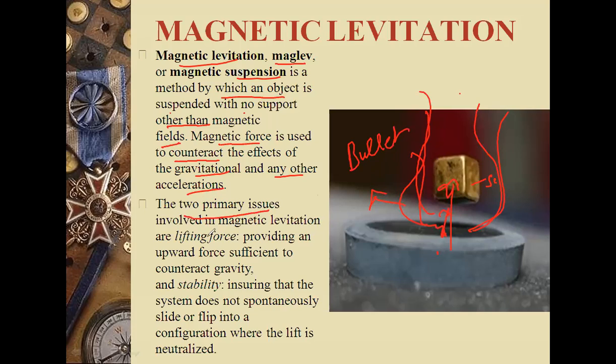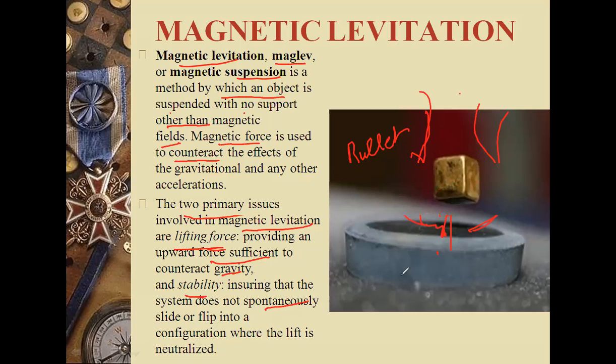The two primary issues involved in magnetic levitation are the lifting force, providing an upward force sufficient to counteract gravity, and stability. These two things are very important to have this magnetic levitation. Stability means ensuring that the system does not spontaneously slide or flip.